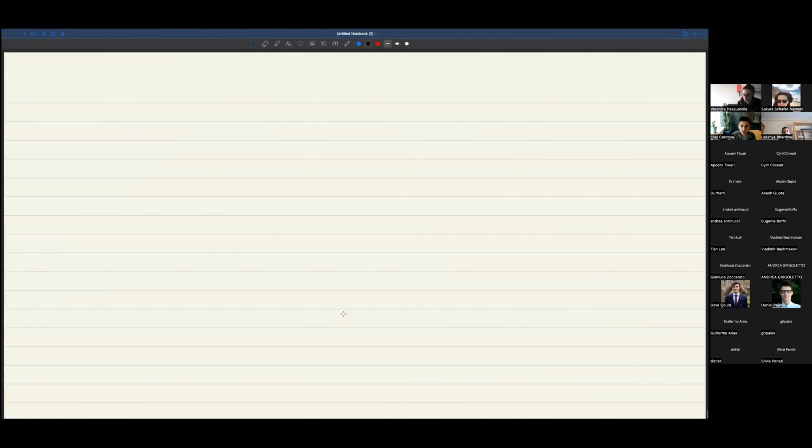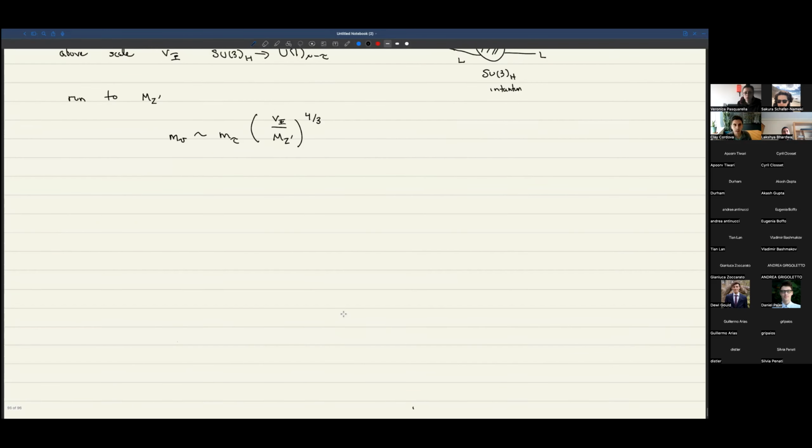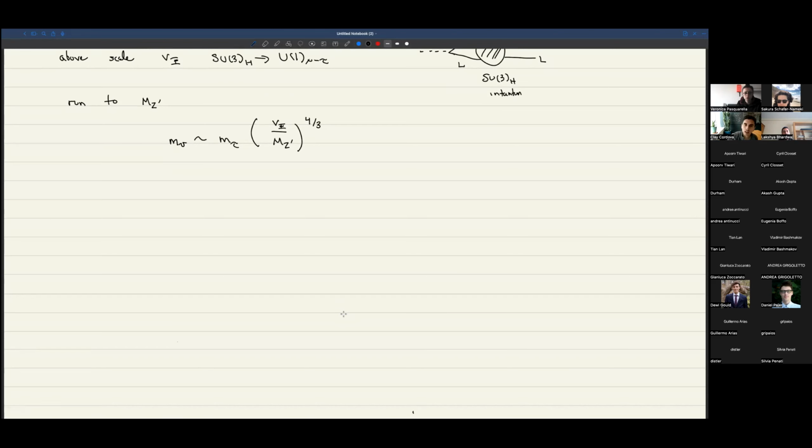And then we have this exponential of minus pi over 2, this alpha mu tau of m Z prime inverse. That's the formula.